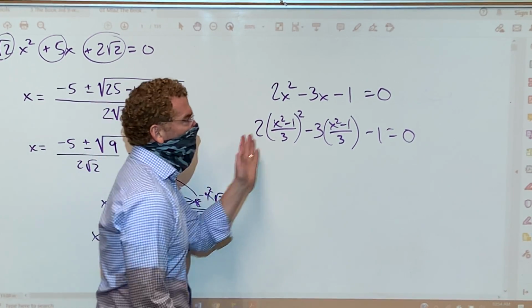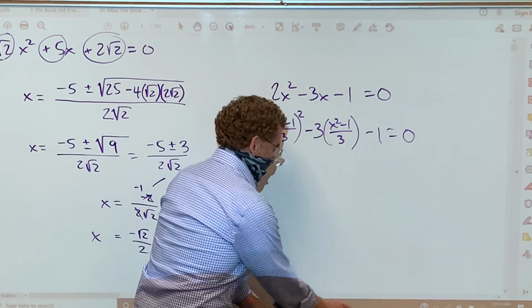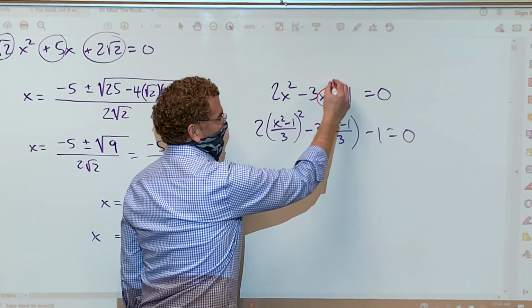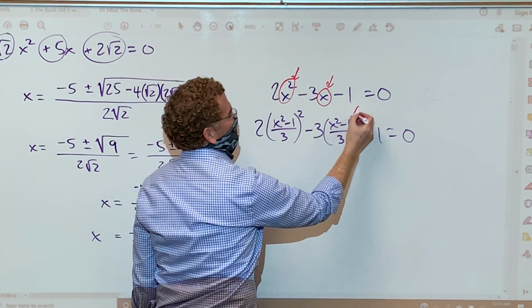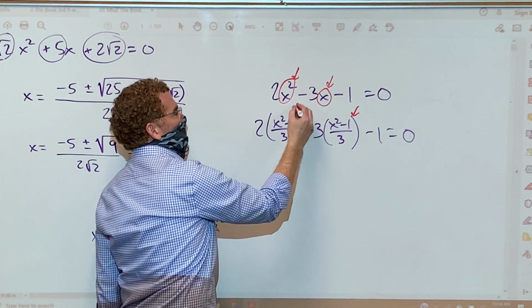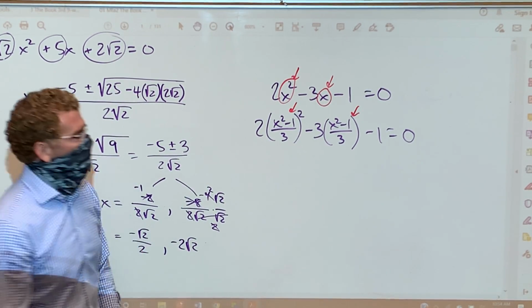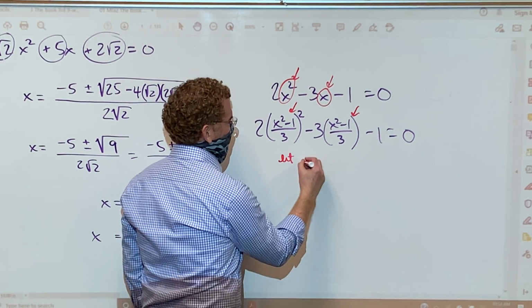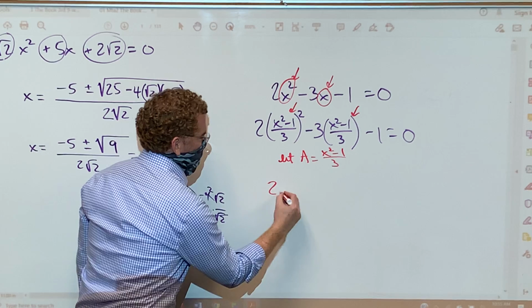But because it appears like a quadratic, and a quadratic is a quadratic when you have an expression that is being squared over here, and I have an expression that is being squared over here. So in this case, what algebra lets you do is make a little substitution, like let A equal that just for a moment.